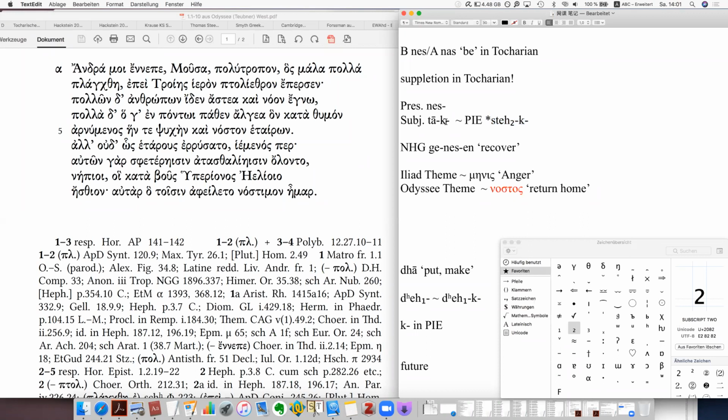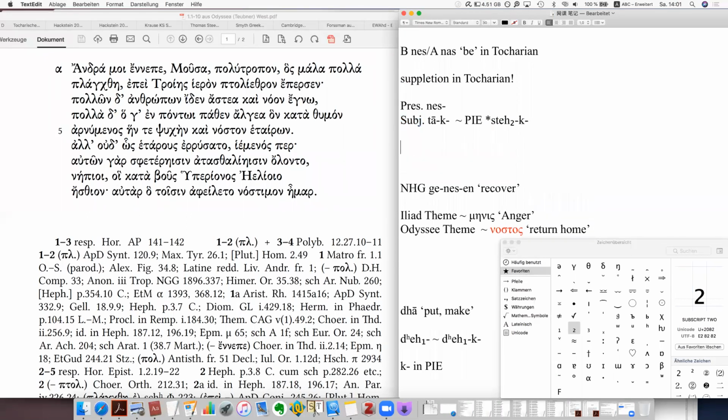And this is also something interesting, that present and subjunctive need suppletion. This also means that the subjunctive in Tocharian is not the subjunctive in Greek, right? In Greek and Sanskrit, there is no suppletion for present and subjunctive.